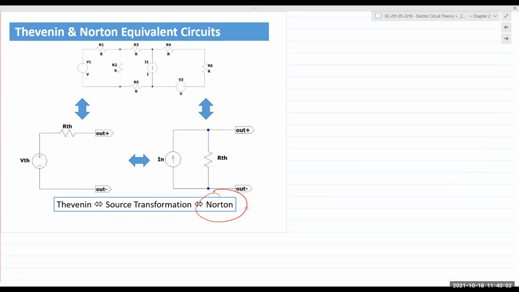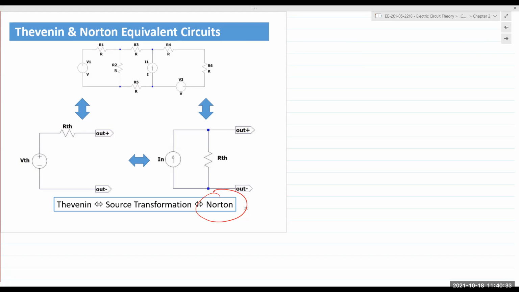If you remember chapter 1, a real-life voltage source has a resistor in series, and a current source will have a resistor in parallel. So a large circuit can be represented by a voltage source in series with the resistance, and it could also be represented by a current source in parallel with the resistance. Those are the Thevenin equivalent circuit and the Norton equivalent circuit.